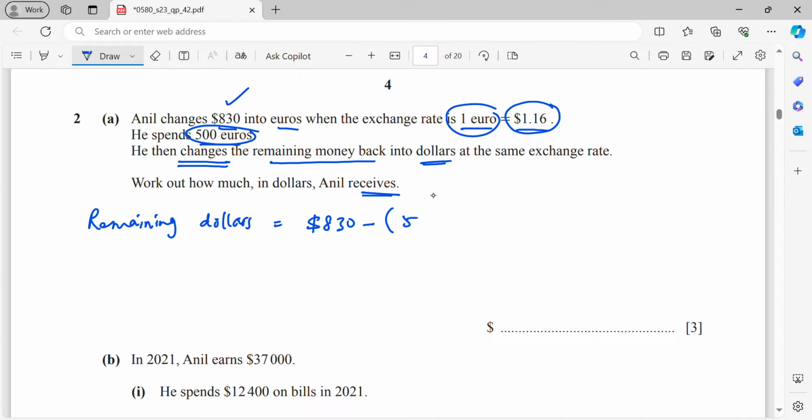That means now it will be 500 euros times 1.16. So this is the amount that he has spent in dollars. So when I minus whatever he has spent, that will be the remaining dollars directly. So I will get $830 minus $580. Therefore, the remaining is $250.